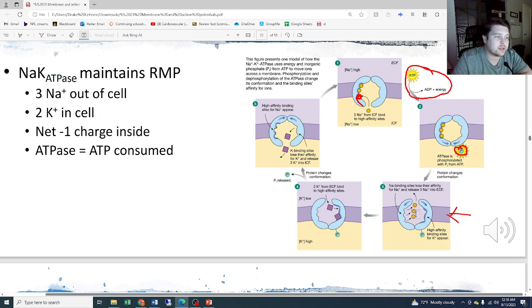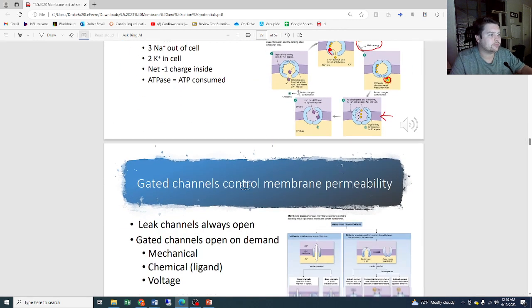Then it opens to the outside, the sodium goes out, the potassium comes in, and that binding of the potassium causes a conformational change. Remember what that is from biochemistry: changes in shape to the protein, and this is an intramembranous protein. And that change in shape is it then coming down and opening and allowing the potassium back into the cell.